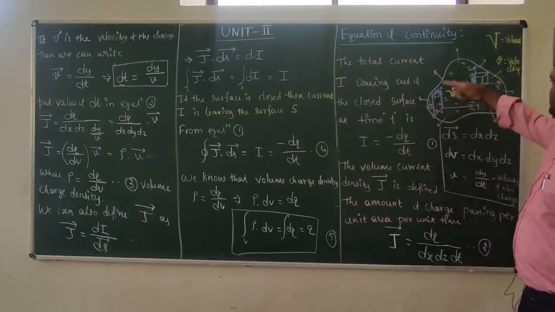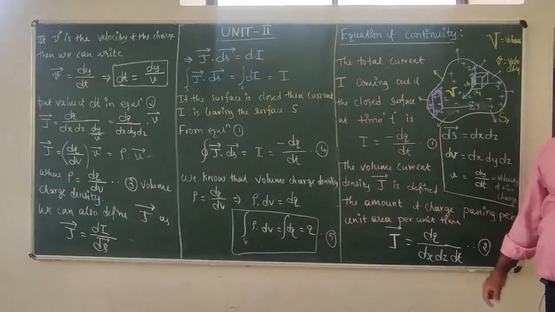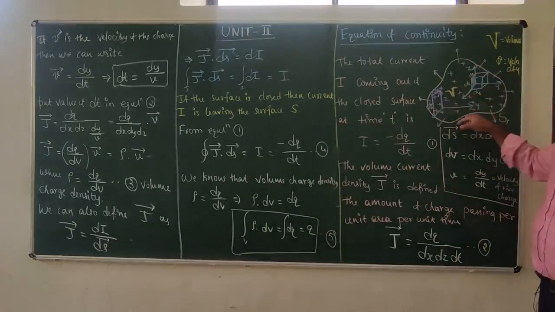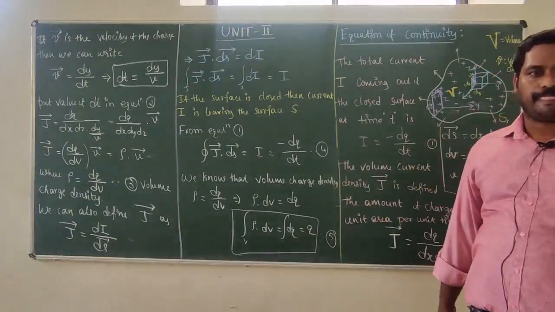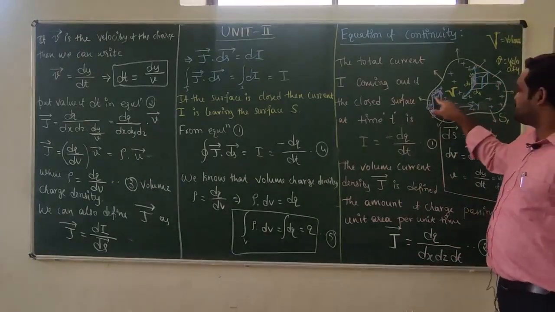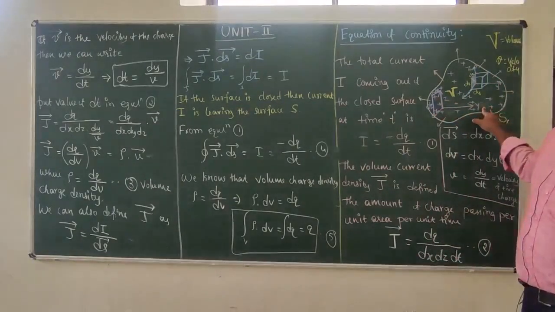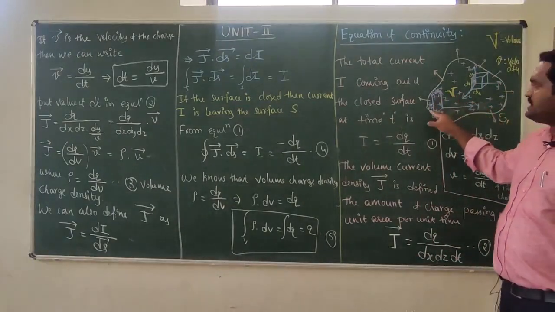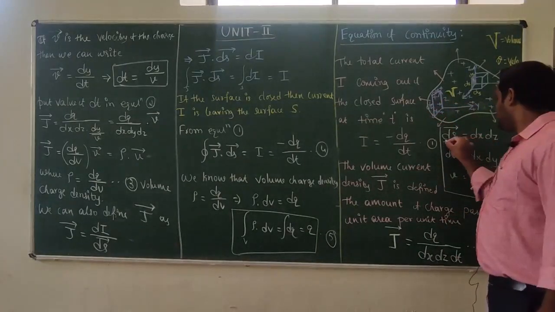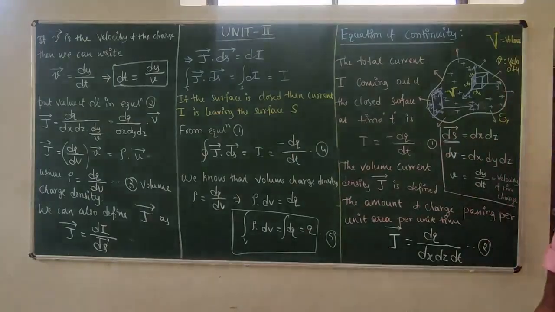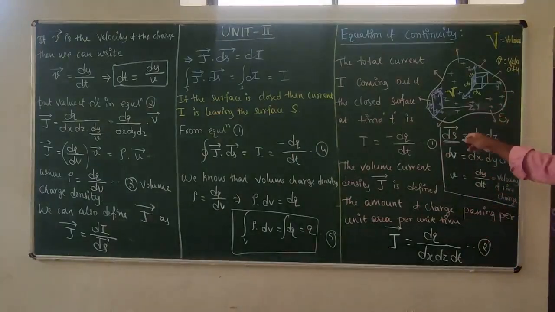When we are considering a small region, that means an infinitesimally small volume within this particular volume, the area which is perpendicular to the direction of the flow of charges is dx dz.